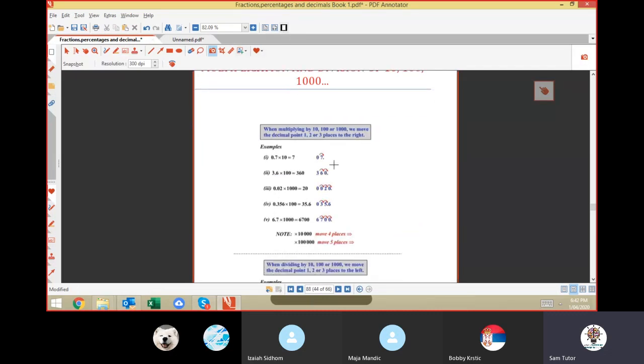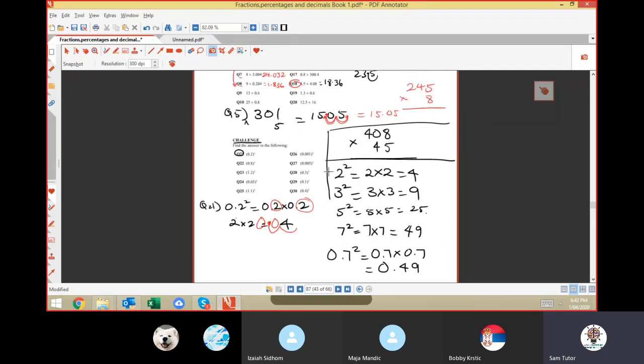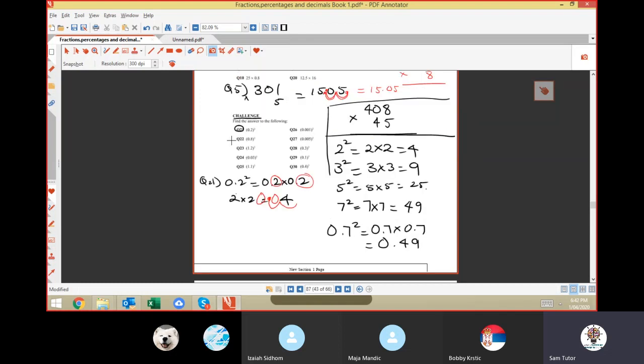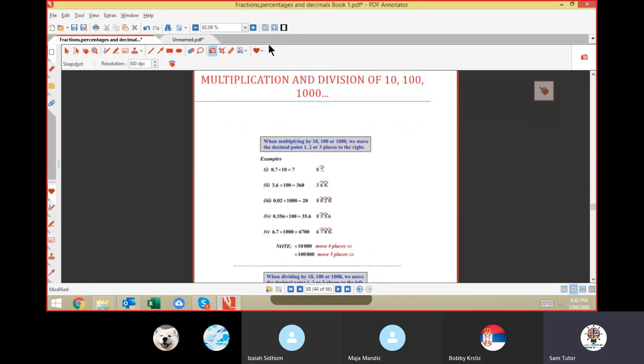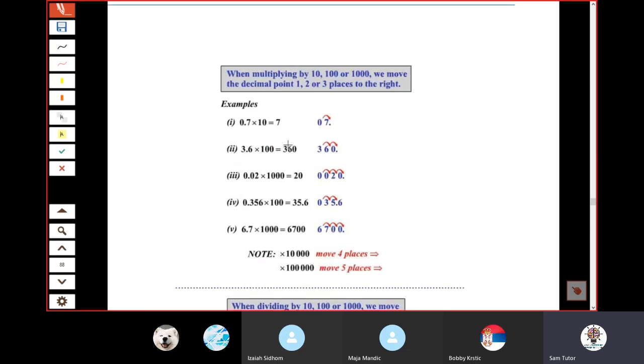This is exactly the same. Instead of us going backwards, so not to the left, we're going to the right because you're multiplying. It's exactly the same, it's just you're going to go to the right. But we've already done the concept. So how many zeros are there? 1. So you're going to go 1 to the right, which becomes just 7.